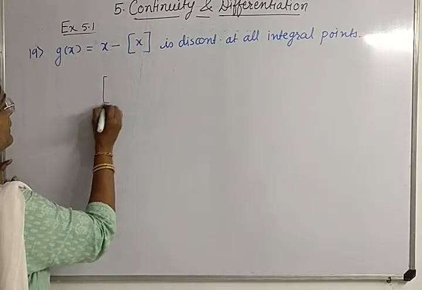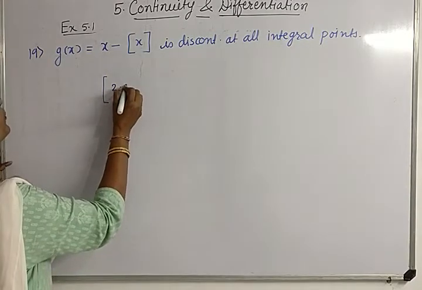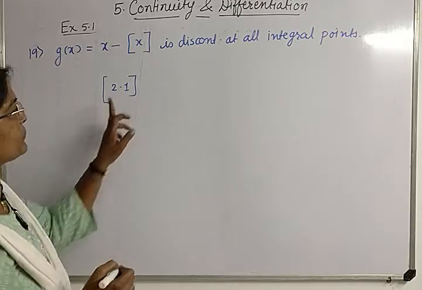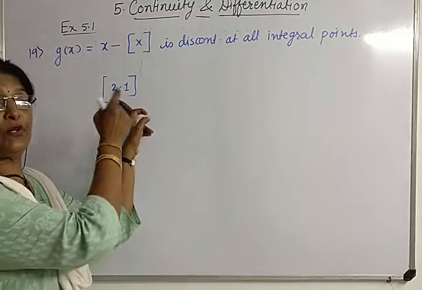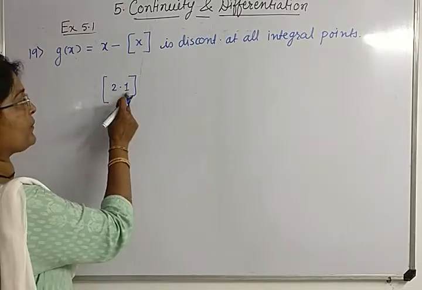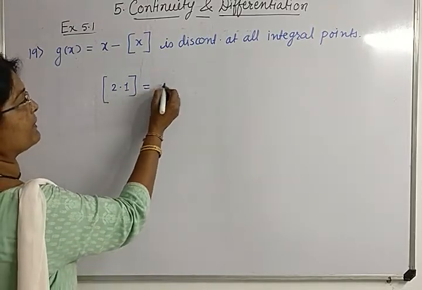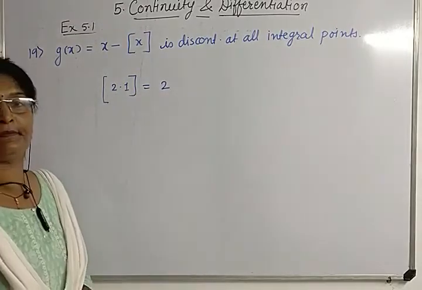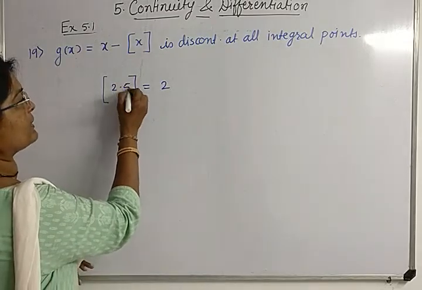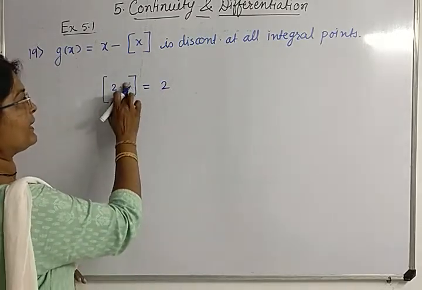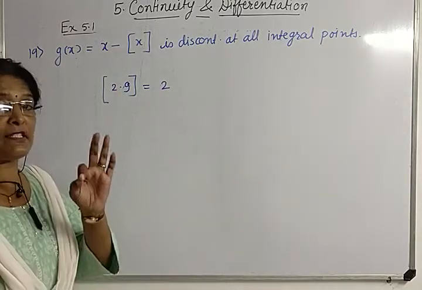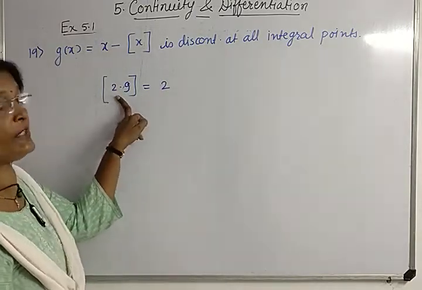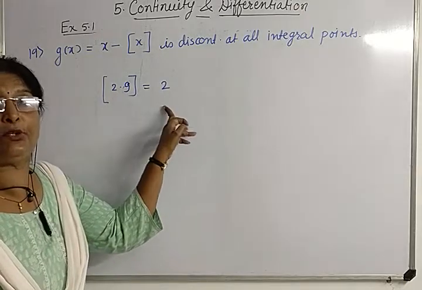Suppose इसके अंदर हमने 2.1 लिखा है, तो इसकी वैल्यू ग्रेटेस्ट इंटीजर लेस देन और इक्वल टू गिवन नंबर रहता है. तो 2.1 से छोटा इंटीजर कौन सा है? इसका वैल्यू 2 आएगा. If I write 2.5, still its answer will be 2. If I write 2.9, still its answer will be 2, because it is the greatest integer less than or equal to this number.